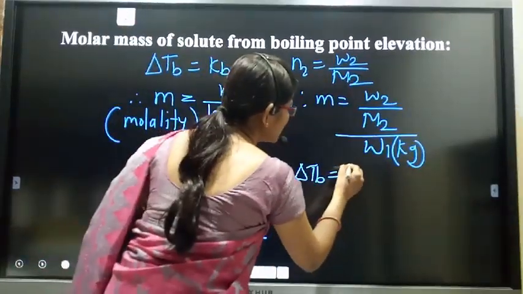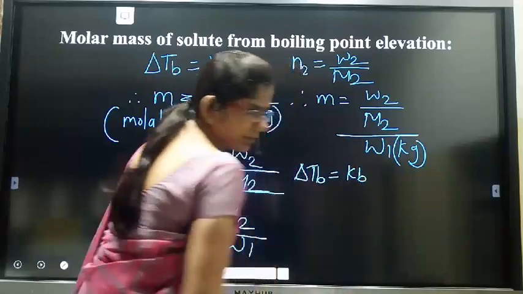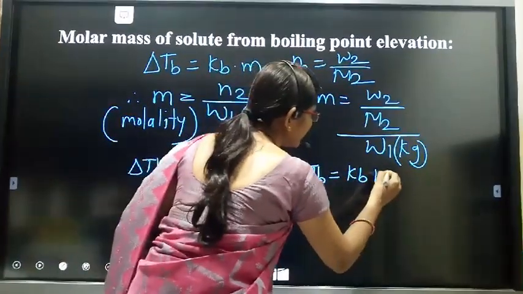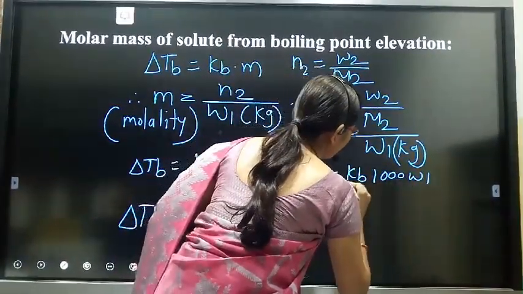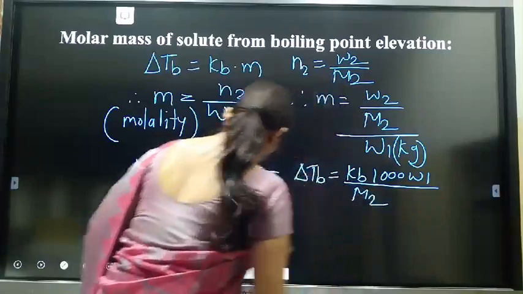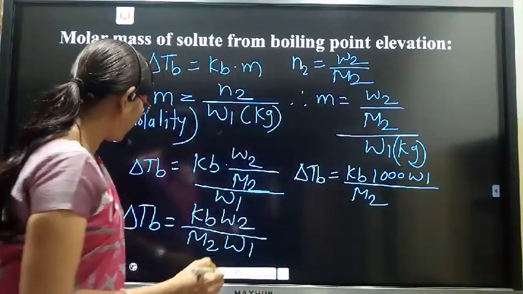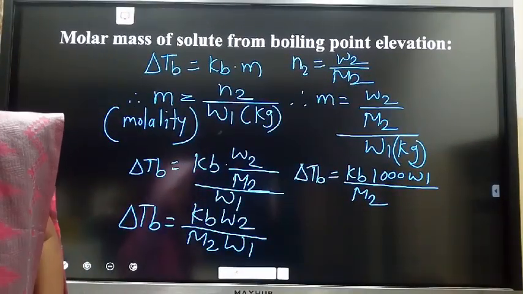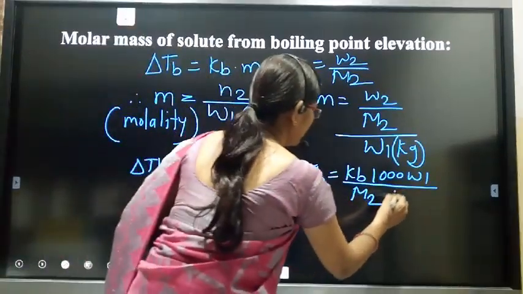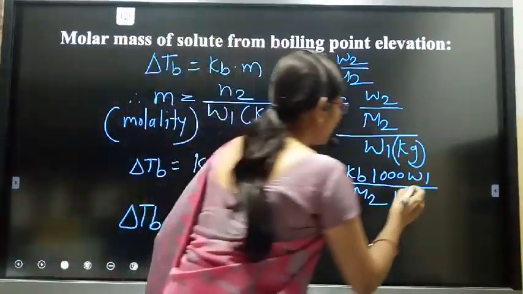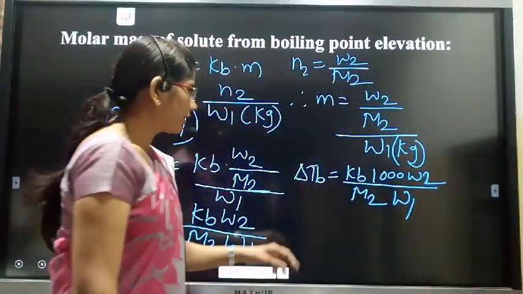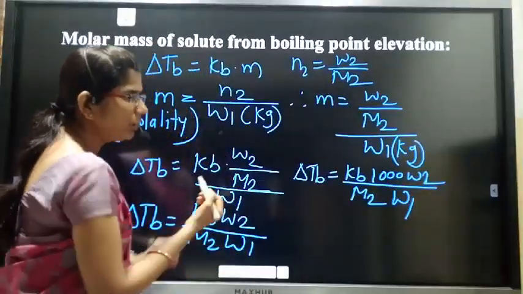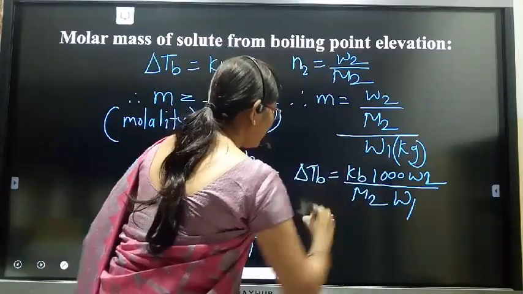Therefore delta Tb is equal to Kb 1000 W2 divided by M2 W1.